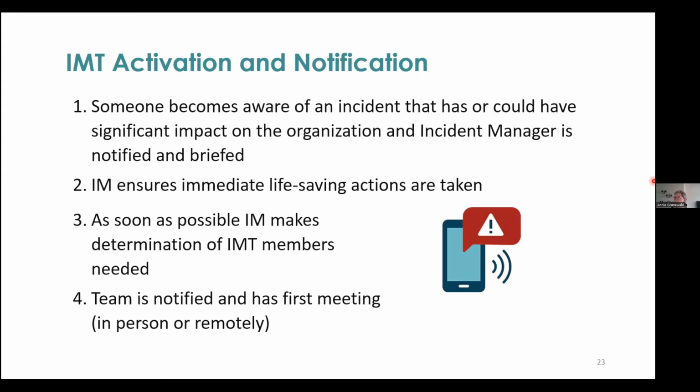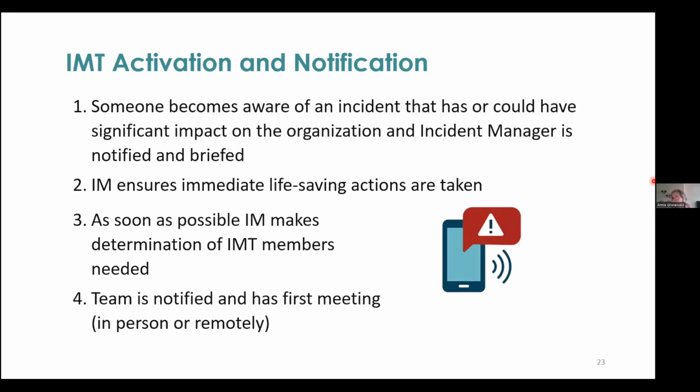If there is an event lurking, that's the second way it could be activated. Let's say there is word of a transit strike or a union strike for some of your union employees. Well, you want to start planning for that, right?